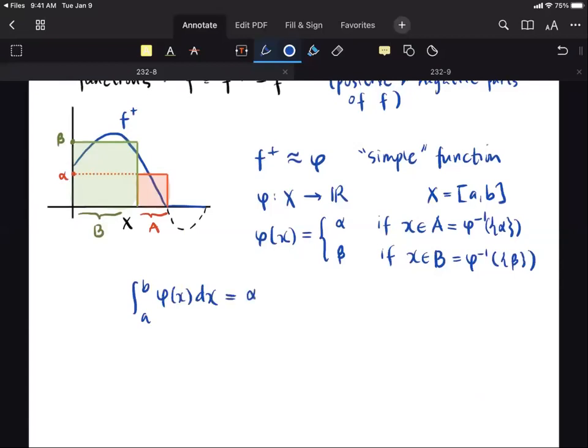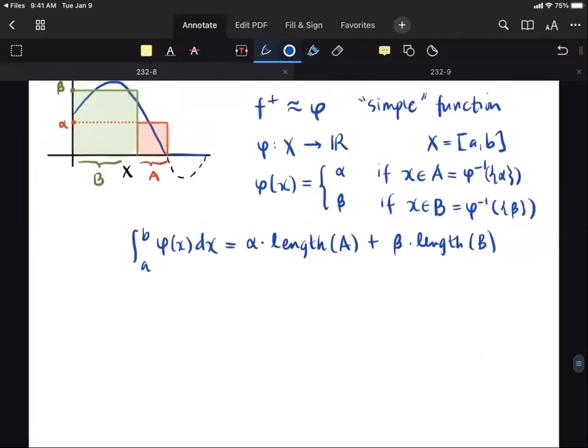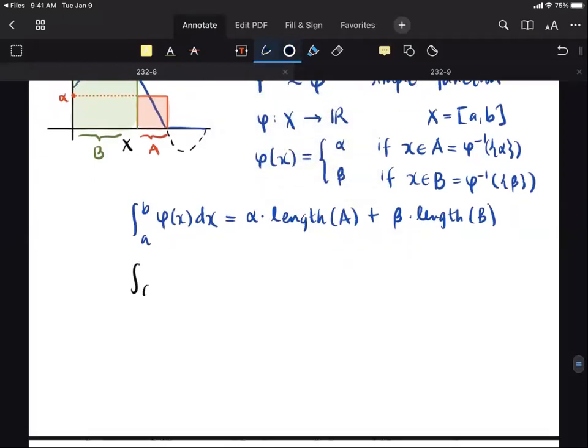This is alpha times the length of A plus beta times the length of B. And this will be the approximation of your integral corresponding to the positive part of your function f.